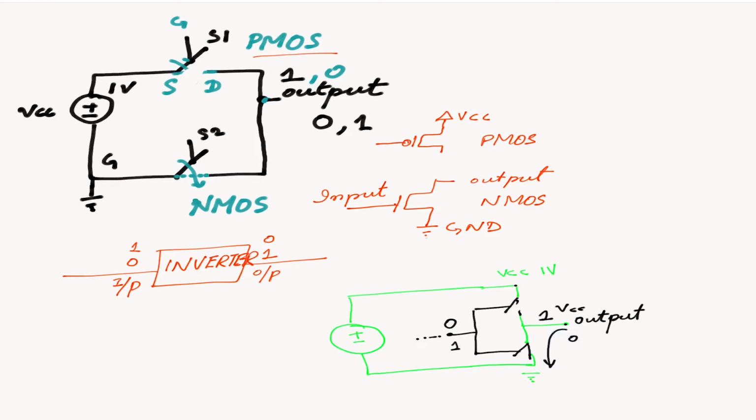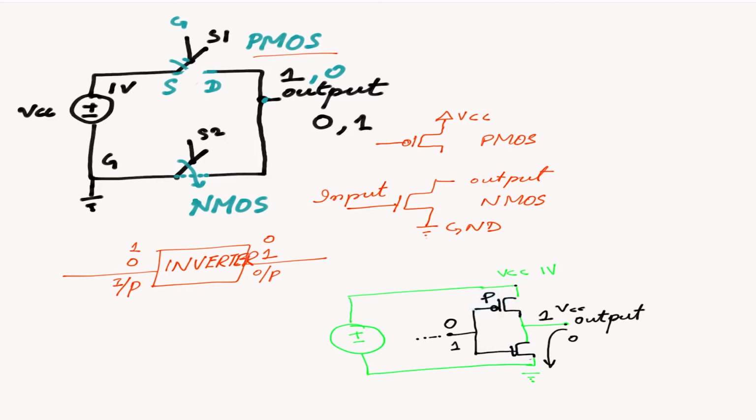And as I mentioned before, a switch, when you want to connect a node to supply voltage, is which one? It is PMOS. Sorry. Okay, and a perfect switch when you want to connect a node to ground is an NMOS.